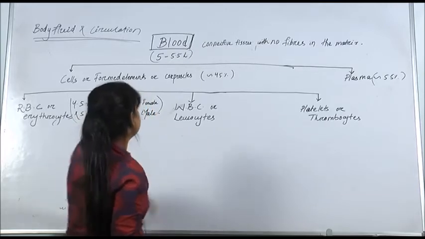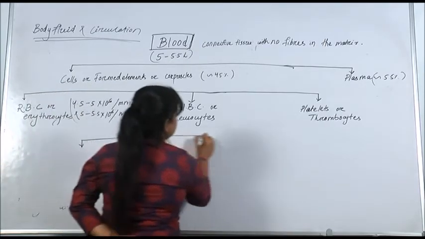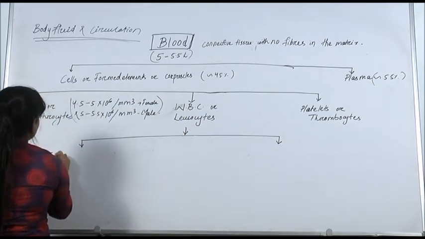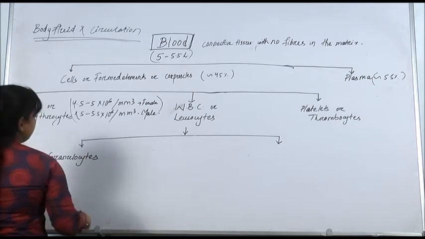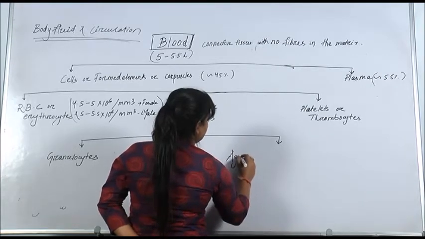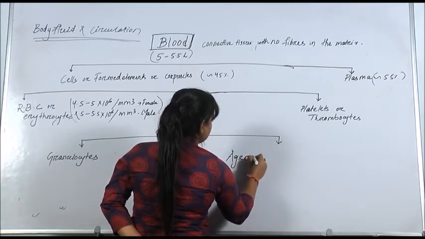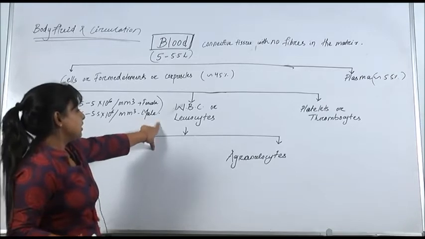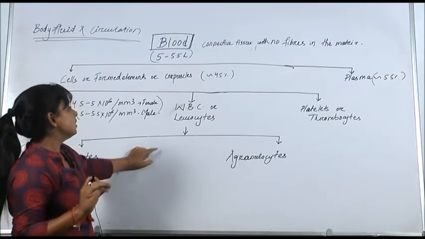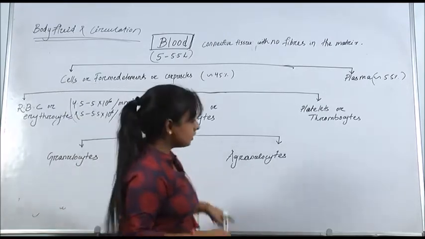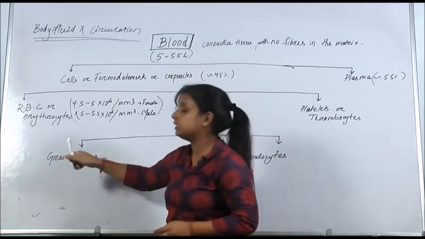So WBCs are basically divided into two types, depending on the presence of cytoplasmic granules: granulocytes and agranulocytes. Granulocytes are those WBCs which have granules inside the cells.